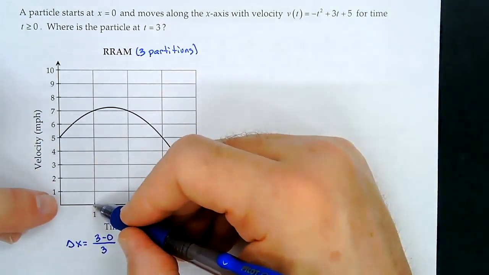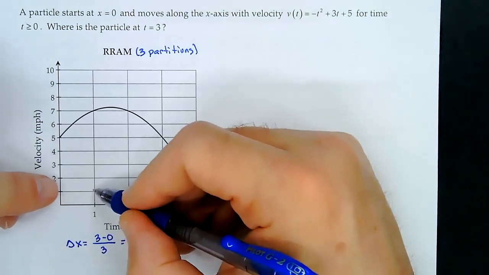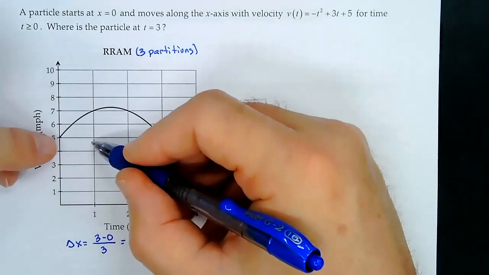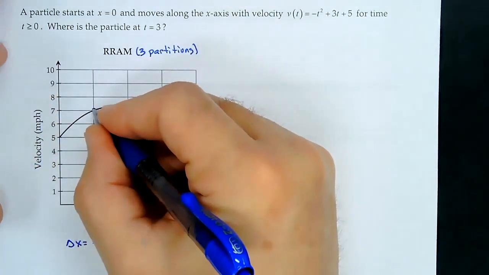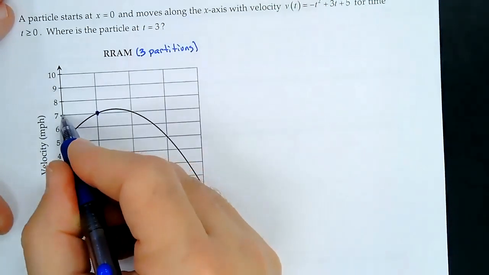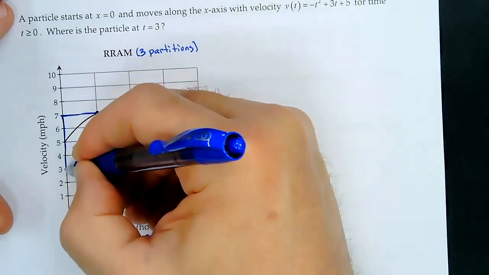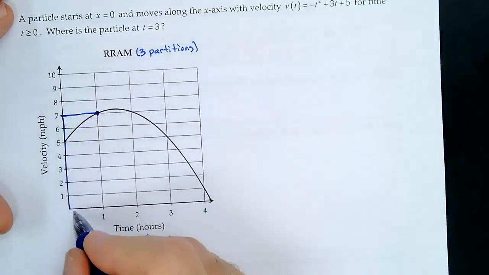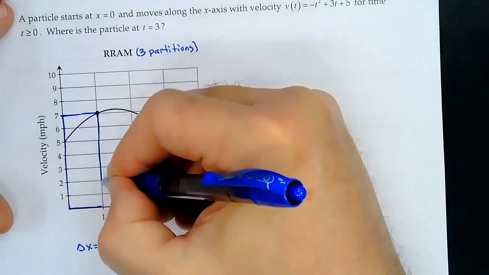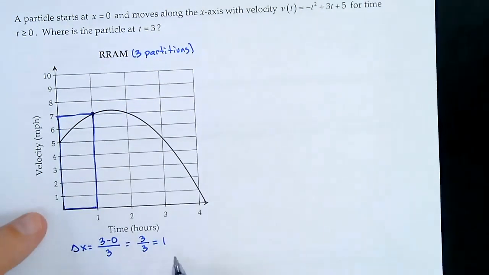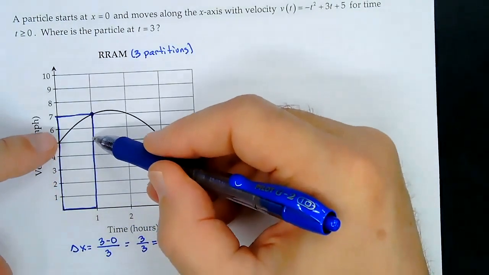So this time we're going to go up until the right side, which is my pin, hits the curve, which in this case would be right here. Okay, so that would be my first rectangle. Because my width is going to be 1 here, and my height is going to be determined by going up until the right side hits it.